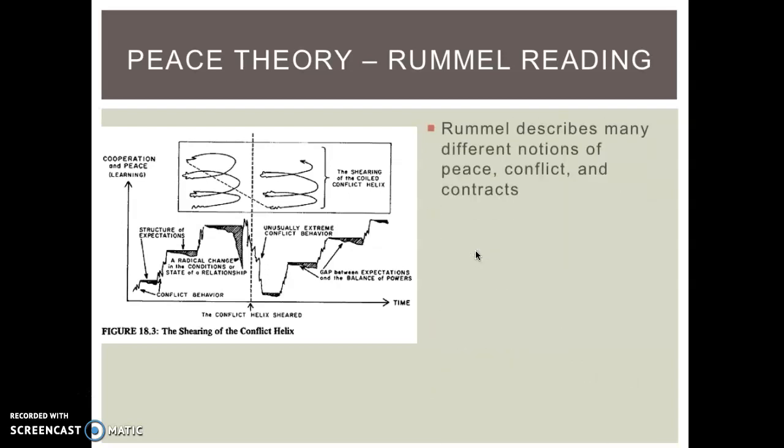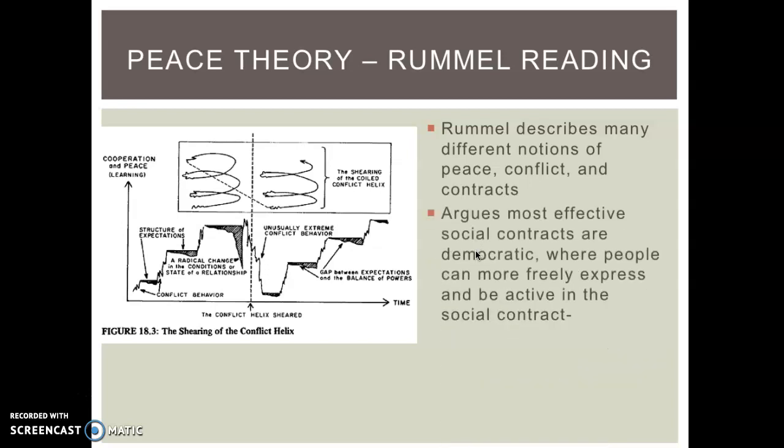Okay, so he says that there are a lot of different notions of peace and conflict and contracts, and that these can apply in various situations, like I said, from that micro local level, that personal level, all the way up through the regional to the national to the international to the global level. And he says that the reason that democracies are better is because people can more freely express themselves and be active in shaping the social contract.